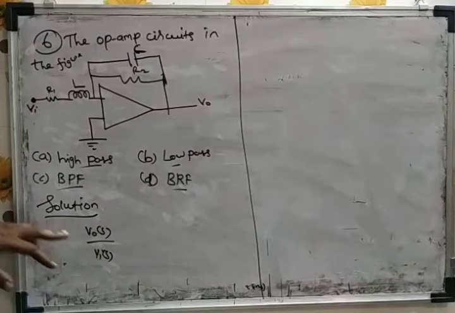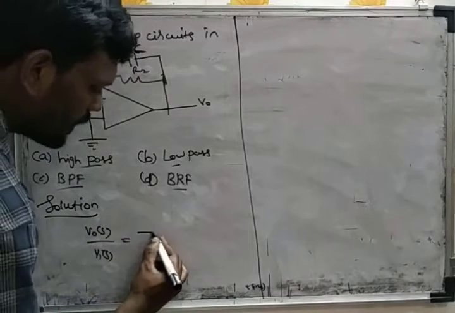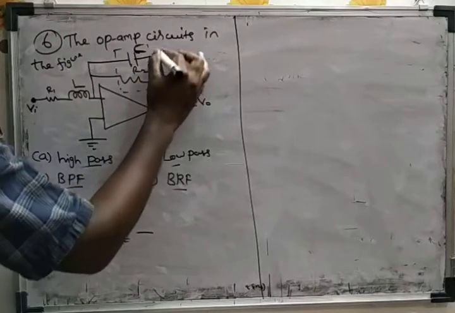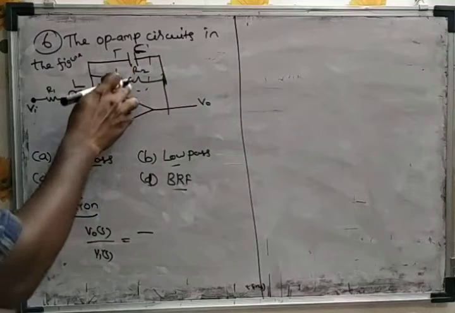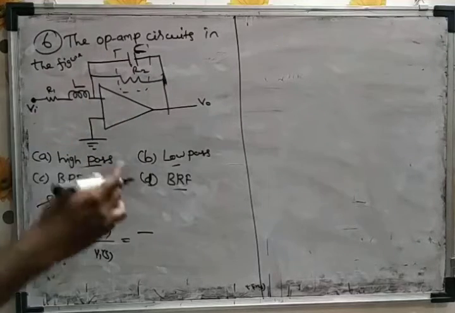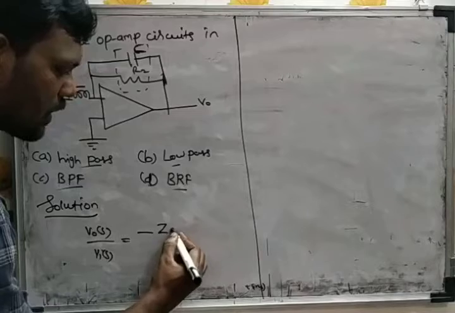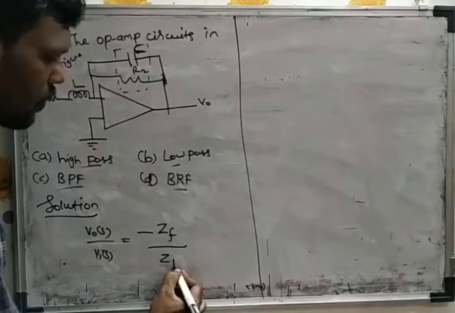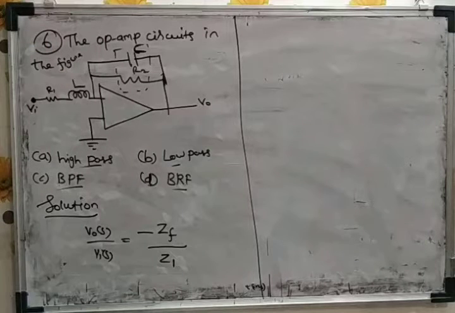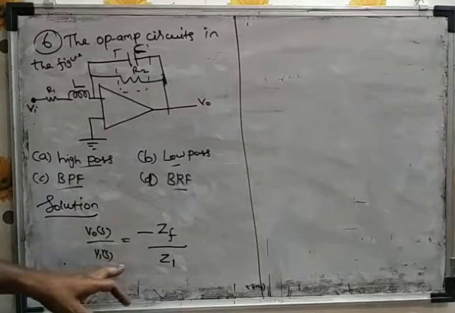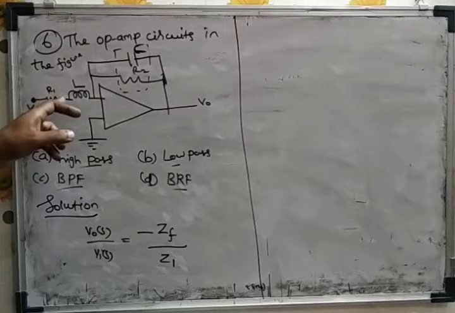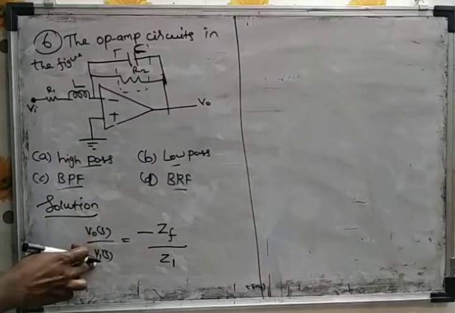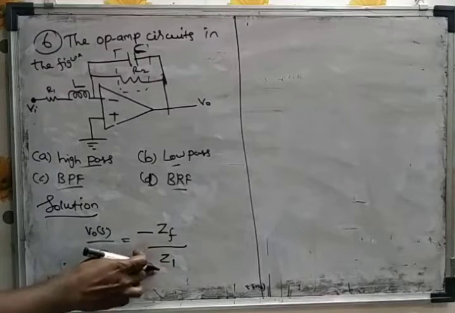Taking the feedback network as Zf and the input impedance as Z1, the input is given to the inverting terminal.